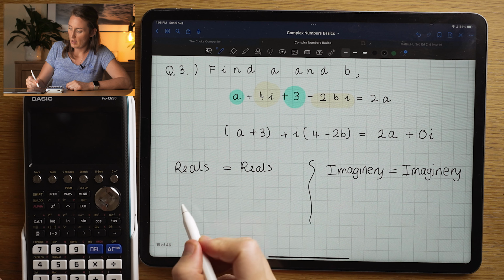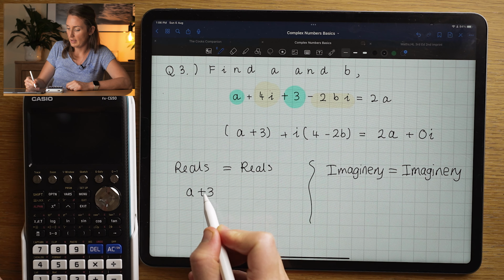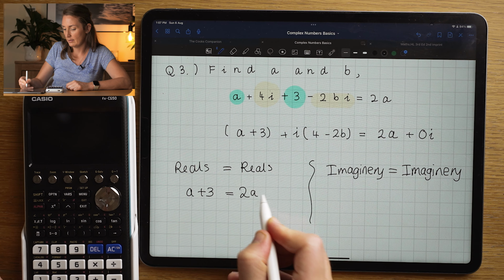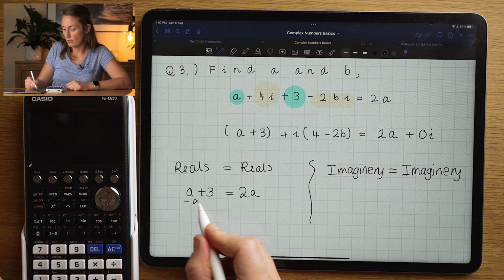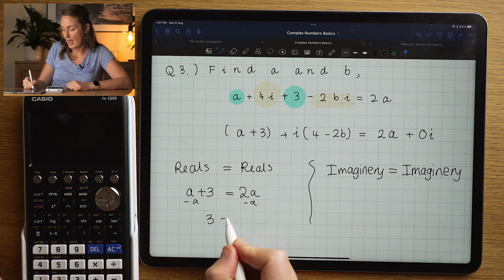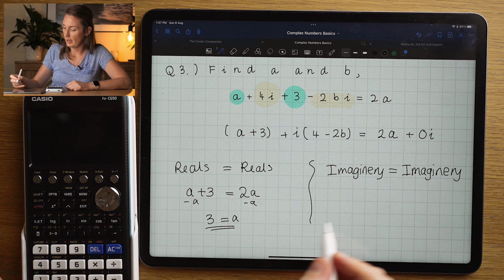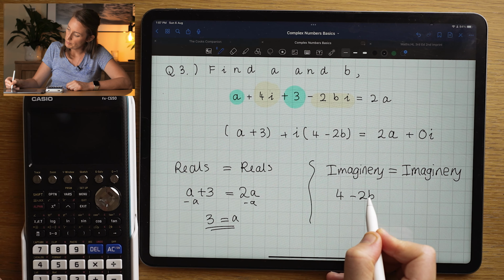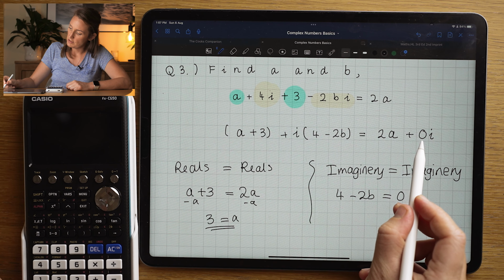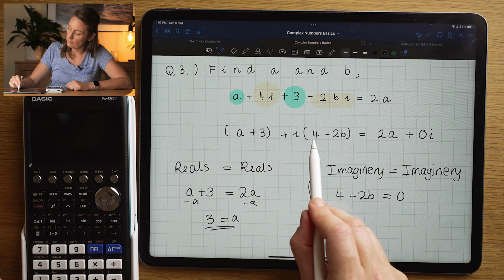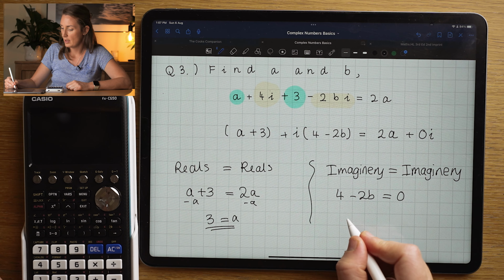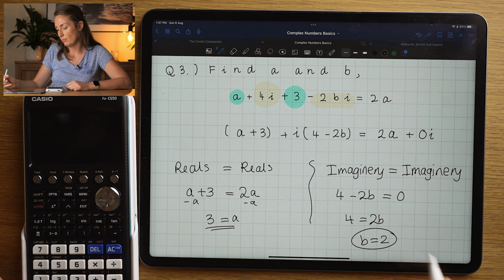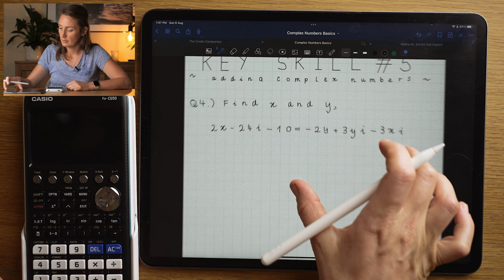So in this case, I would have a add 3 as the real part here equal to 2a over here. And that would let me know if I solve that equation that a should equal 3. And for the imaginary part, I would have 4 minus 2b equal to 0, by saying this imaginary equals this imaginary, so 4 equals 2b, and b must therefore be equal to 2.